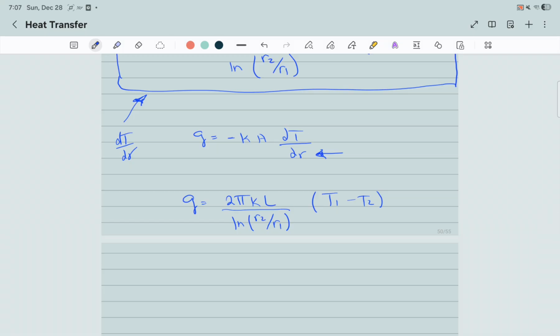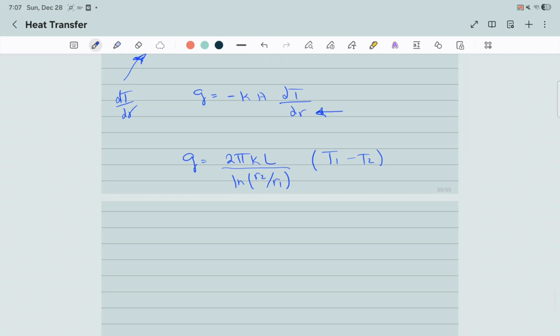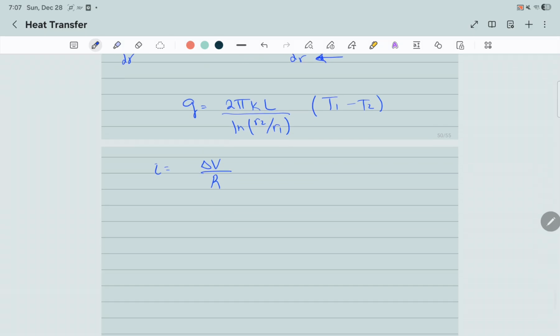We can rearrange this equation to make it similar to Ohm's law. If you remember, we covered that in the previous two classes. Ohm's law is current equals change in voltage divided by resistance. So we can rearrange the heat transfer to look similar.